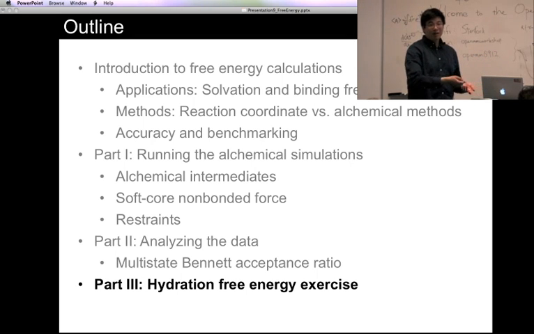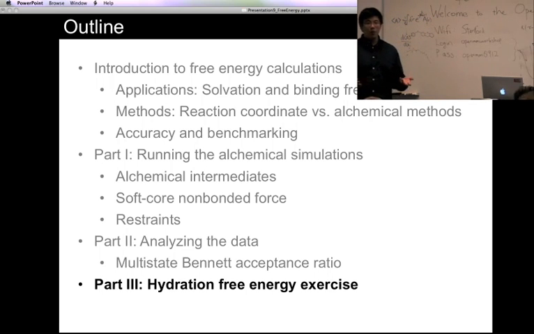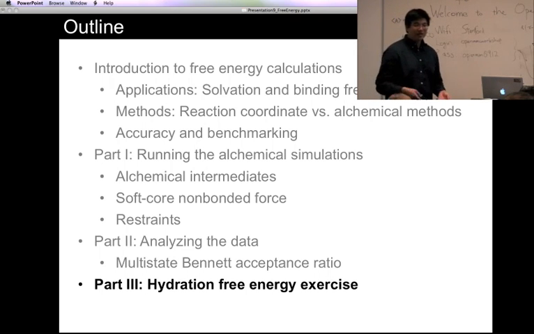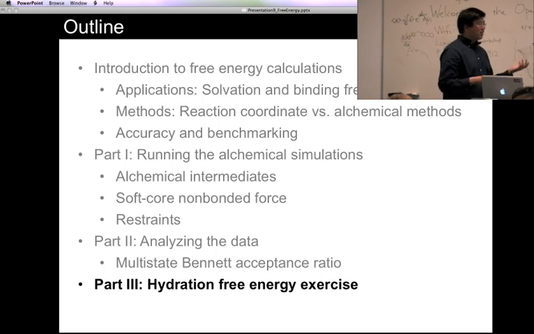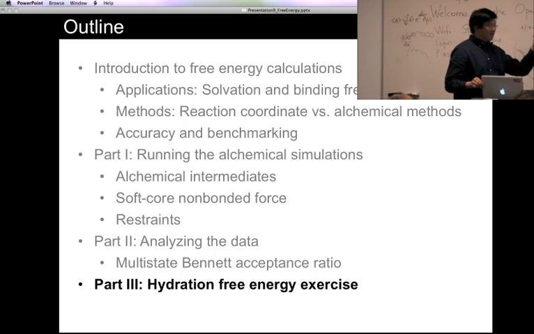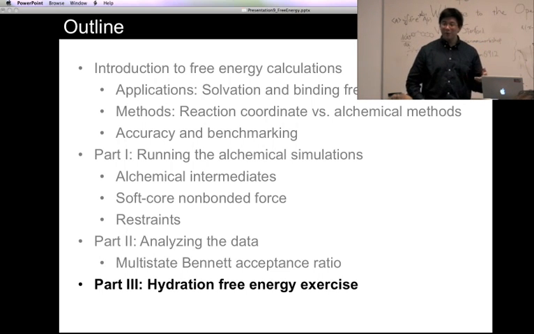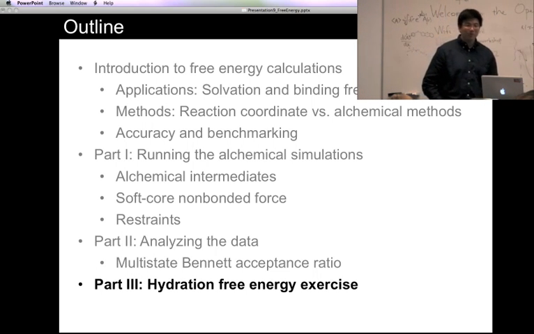We have an example that you can just run, where you can get the hydration-free energy of a single water molecule. I know that sounds really weird, but to make the exercise more interesting, you can modify that example to do a hydration-free energy of another molecule. We have it set up so that you can get the hydration-free energy of ethanol, and you can even experiment with other molecules, and I think that's pretty cool.